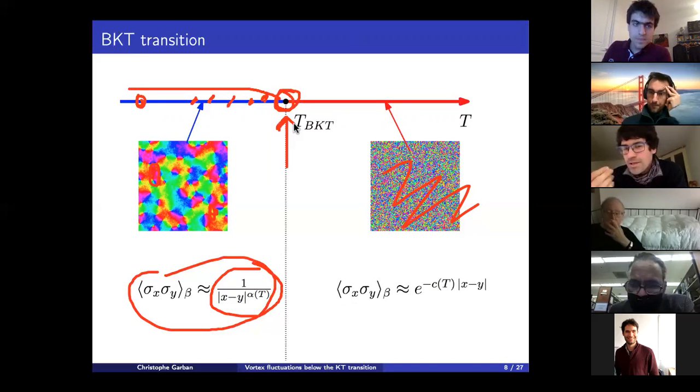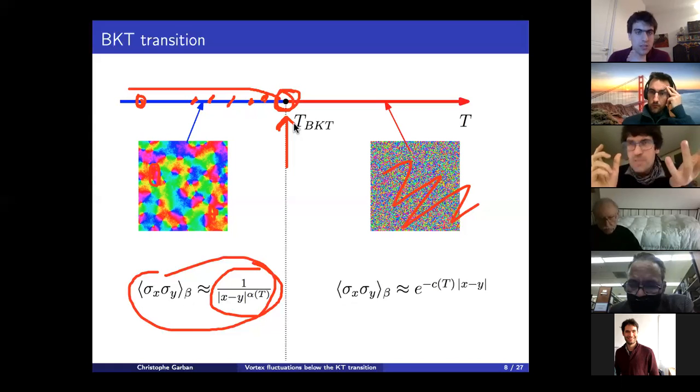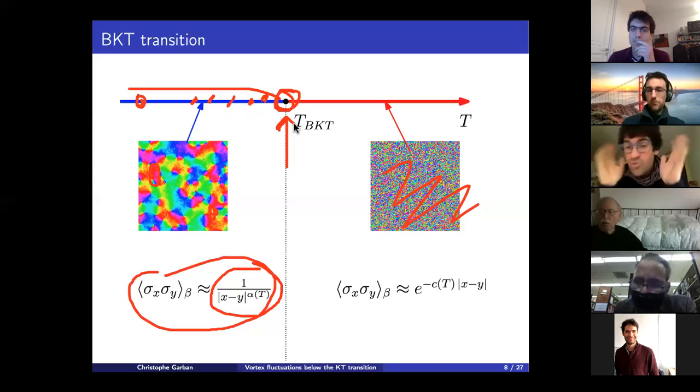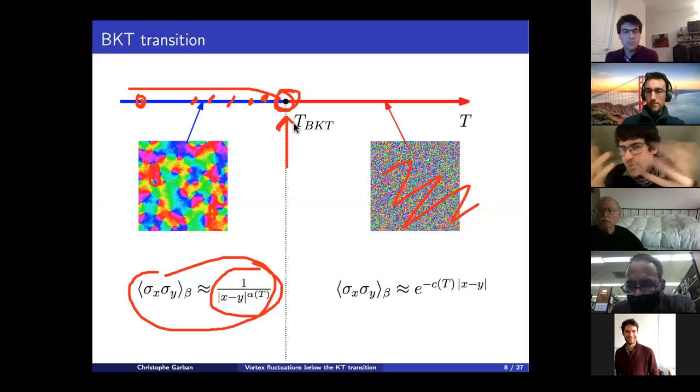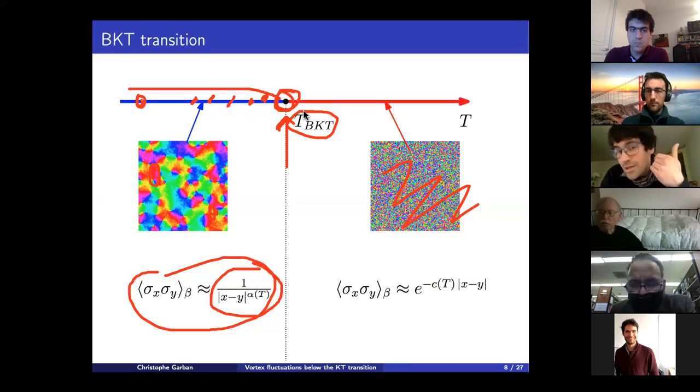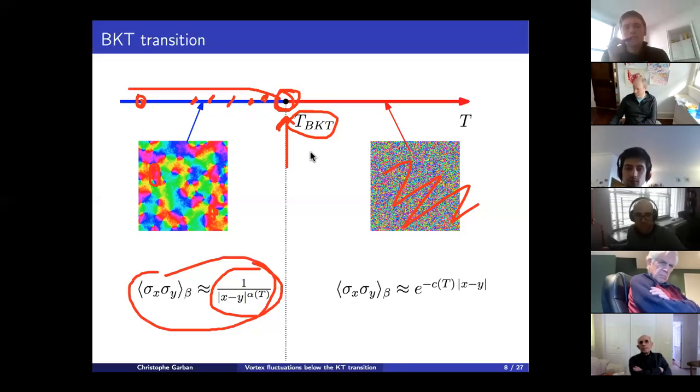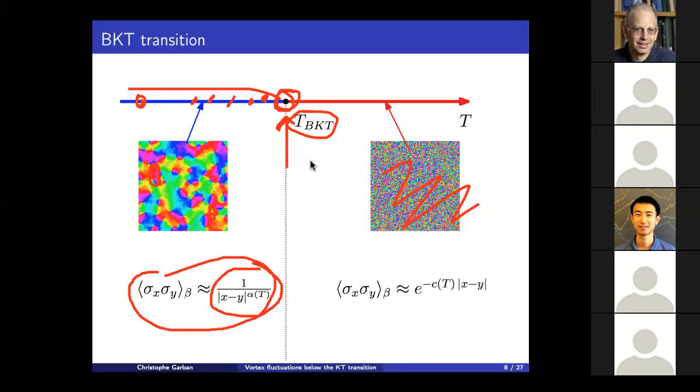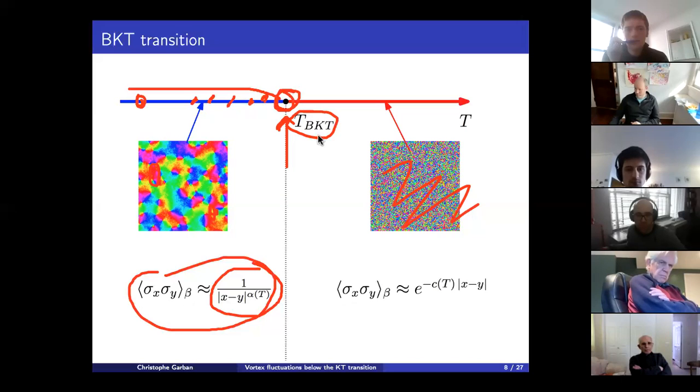In the original works, you can exactly compute this energy versus entropy cost of the vortices, and you can guess some 8 pi phase transition, but this would be true for a Coulomb gas with very low activity Z. As far as I understand, for the true XY or Villain model, the actual critical temperature will not be exactly this 8 pi, and the Villain and the XY won't have exactly the same critical point. The exact value here should be close to 8 pi, but it's not known. There is no exact conjecture for this T_BKT in either of these two models, as far as I know, and it's not like Onsager's computation for Ising, for example.